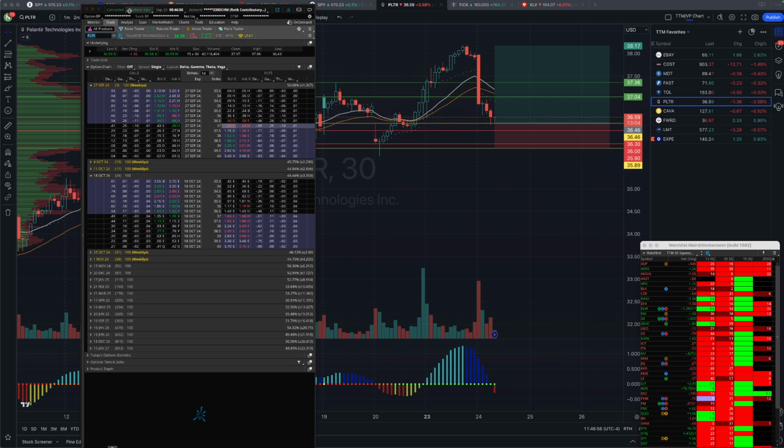For every $1 move, one of those option contracts is going to move 50 cents, right? So if I know that, that's not quite $1. Let's say we're risking the 50 cents.